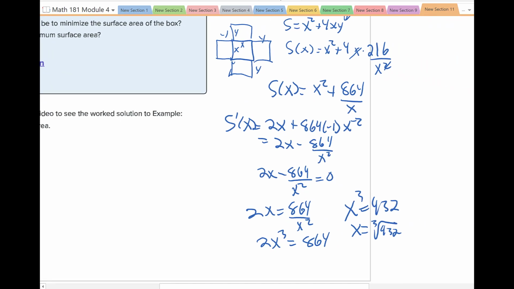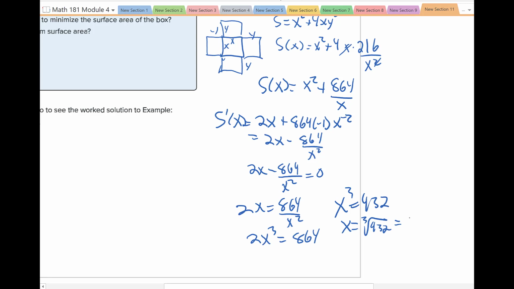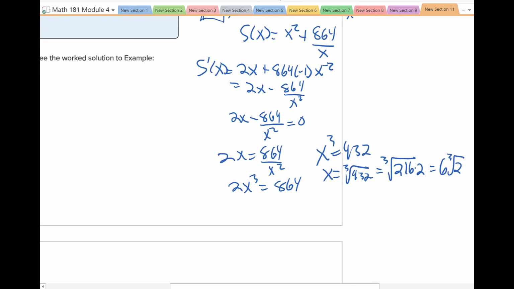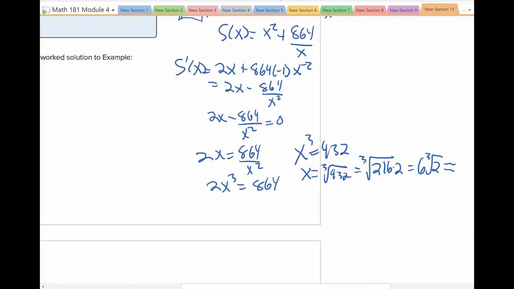And that would be the cube root of 216 times 2, which is 6 times the cube root of 2. So that's our x, and that's approximately 7.5595.